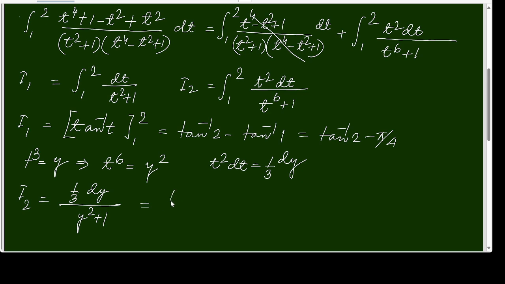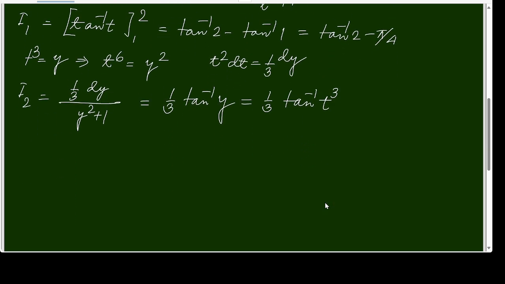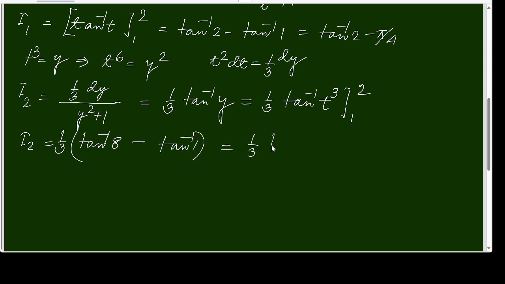This is the same as 1 by 3 tan inverse y. Tan inverse y equals 1 by 3 tan inverse t cube, and this is from 1 to 2. So I2 equals 1 by 3 tan inverse of 2 cube, that will be 8, minus tan inverse 1. Tan inverse 1 is again pi by 4. So 1 by 3 tan inverse 8 minus 1 by 3 into pi by 4.